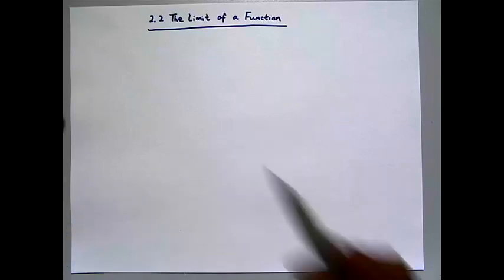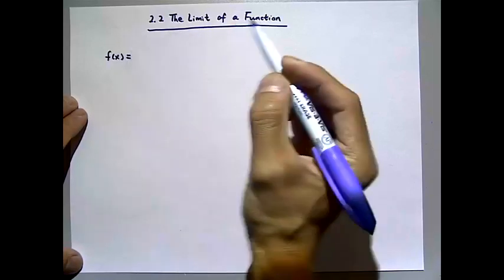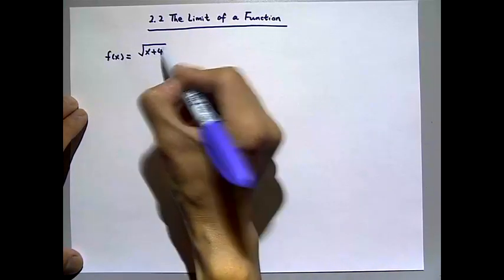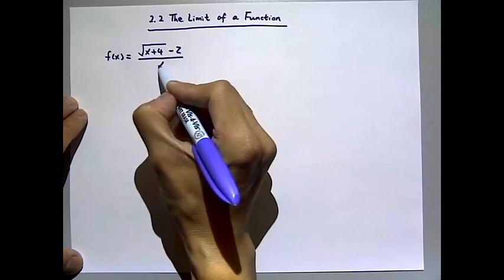Okay, so let's look at this function here. f(x) is equal to the square root of x plus 4, minus 2, over x.